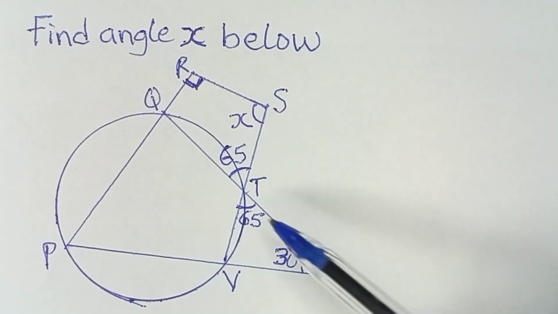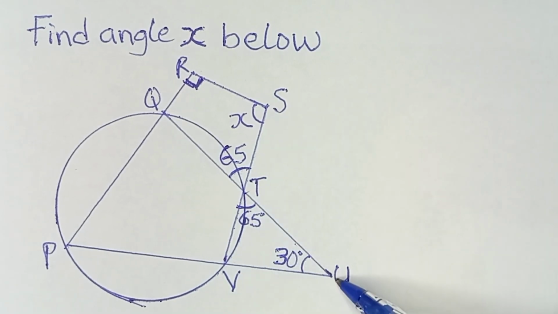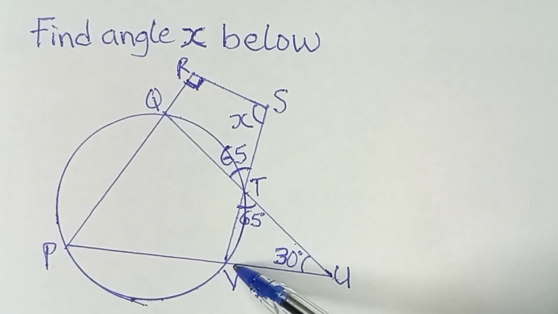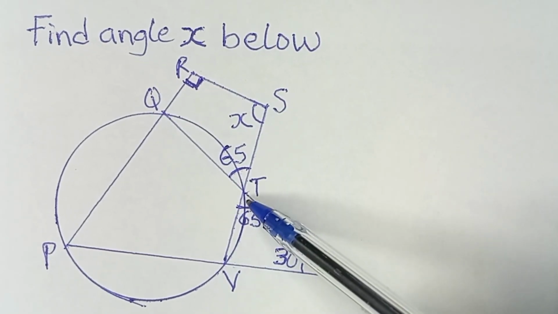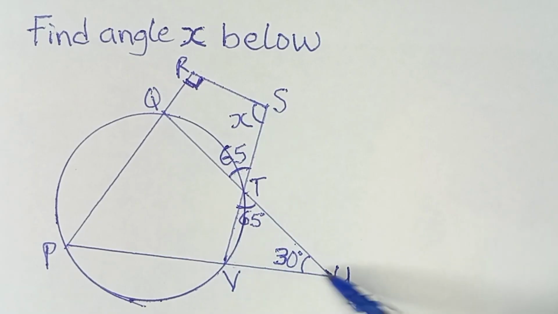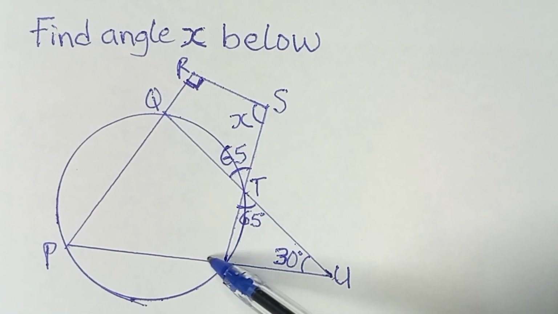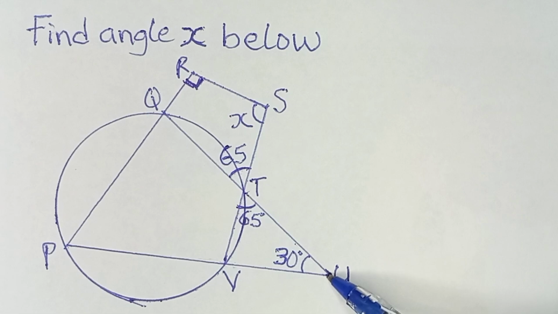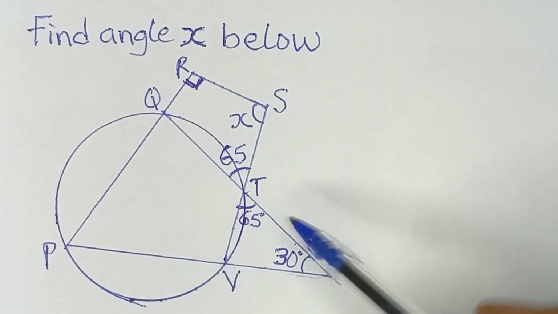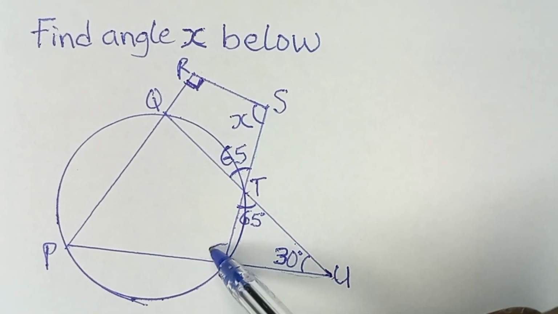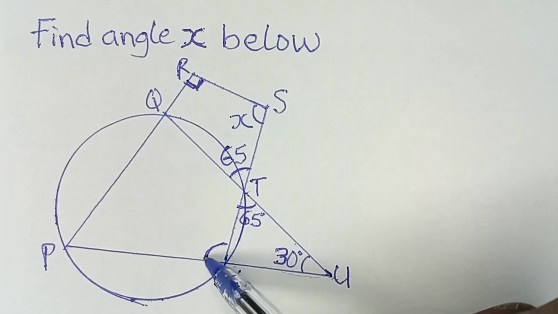Now, if you look at this triangle TUV, you see that this line here, UV, is extended outward. So this line is extended outward to form an exterior angle here.